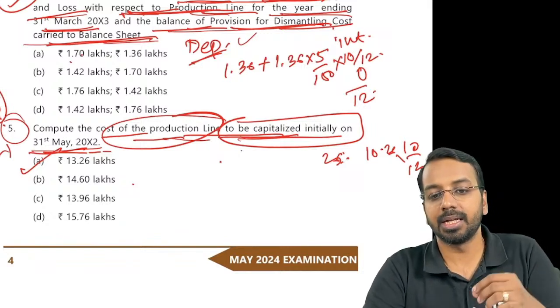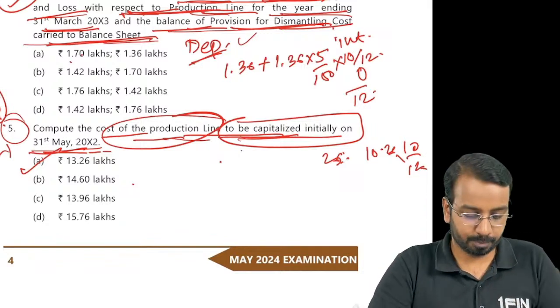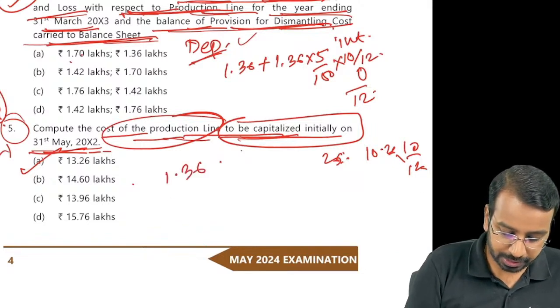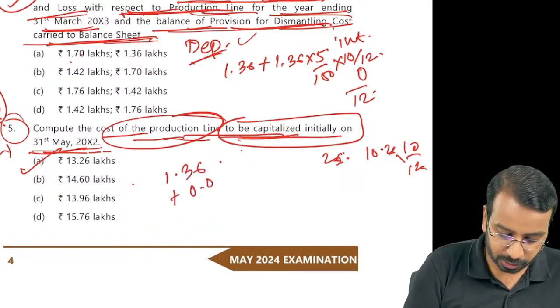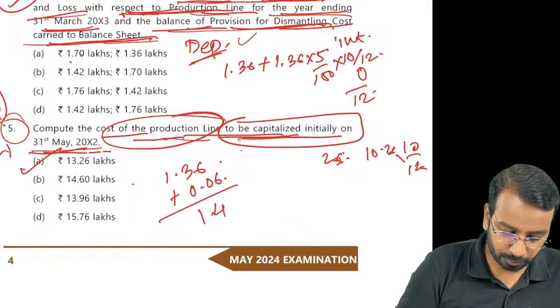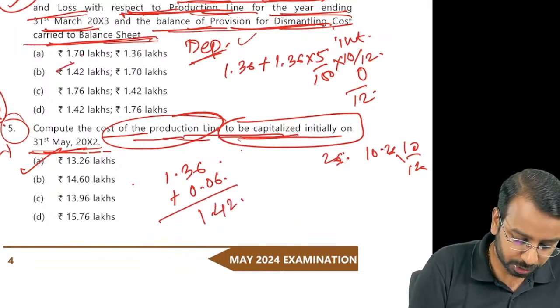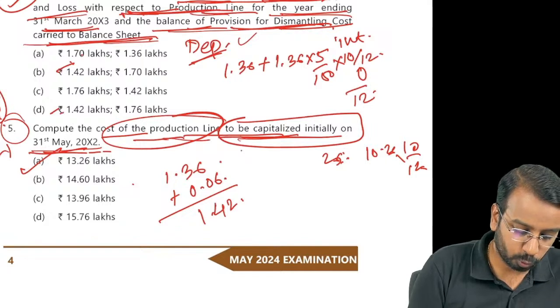If I calculate this, it is 0.056. So 1.36 plus 0.056, or 0.06, that is 1.42. So I can see here, one option is here, one option is here, 1.42, 1.42.